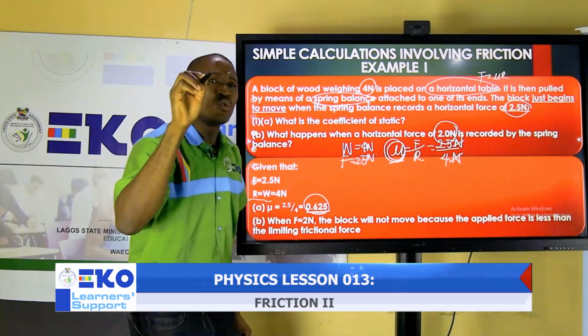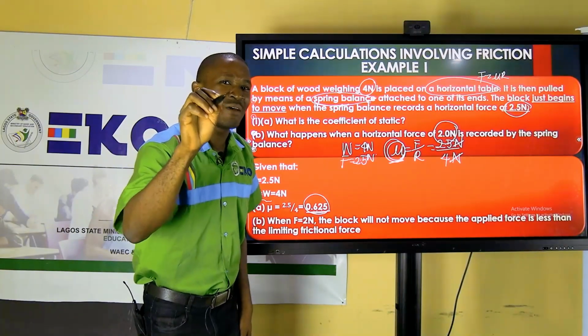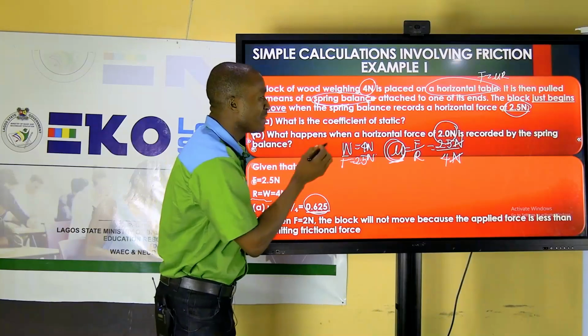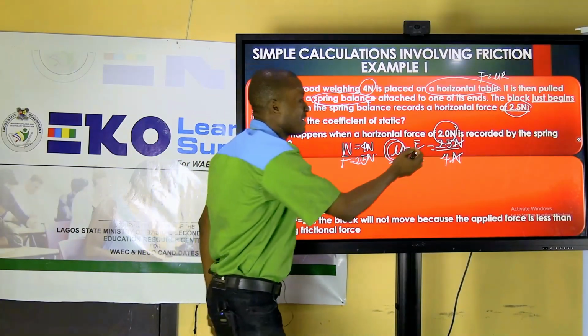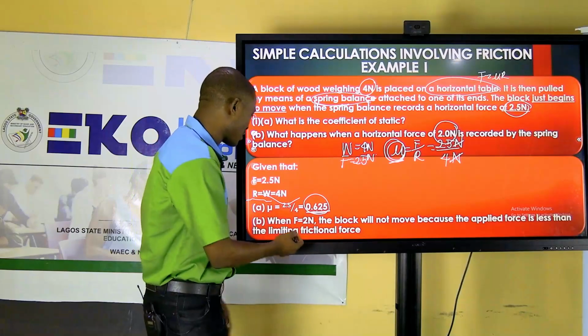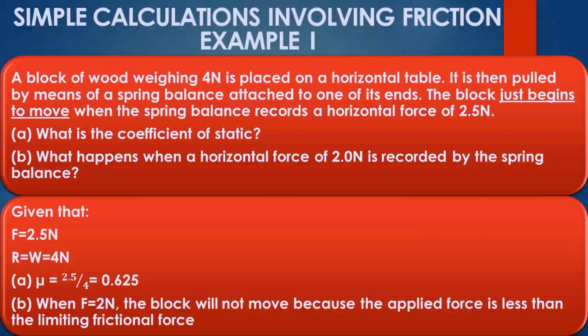So it will not move if a force of less than 2.5 Newton is acting. So if somebody else now comes and is applying a force of 2 Newton, you're just wasting your time, because nothing will happen. So that's why you're having this answer. When the force is 2 Newton, the block will not move.